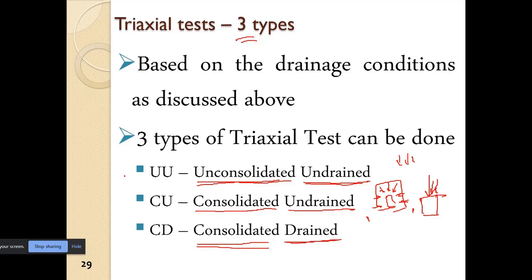So these are the three different types of tests which can be devised in the triaxial test, and in fact these three conditions are sufficient to replicate most of the in situ conditions which we will encounter in our practical geotechnical engineering, as we will see in the next classes.